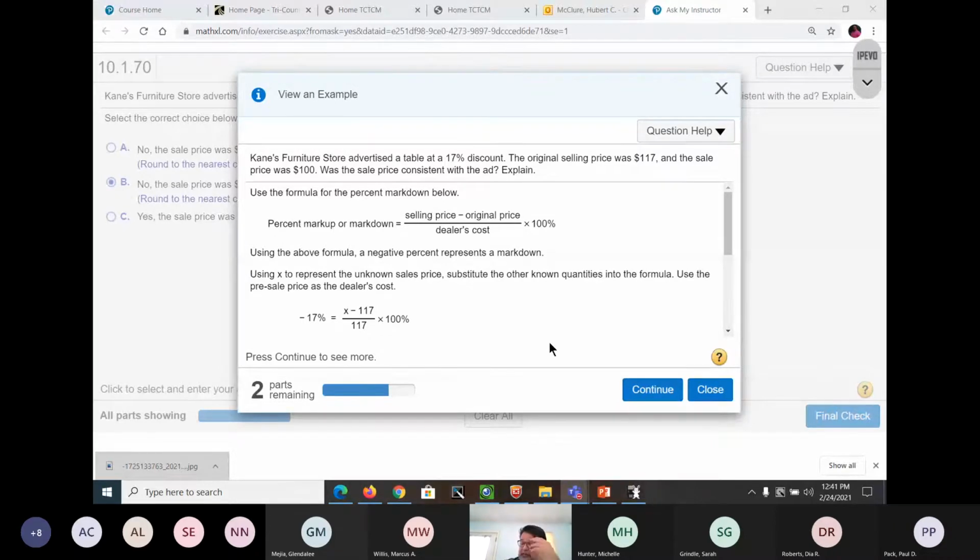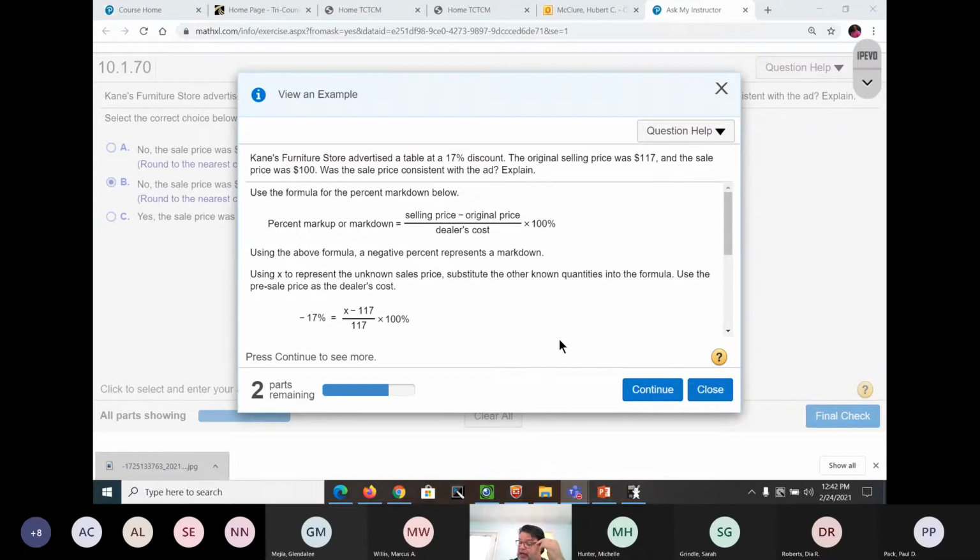So that would be negative 17% is equal to X minus 117 over 117 multiplied by 100. And of course, the 100 that you've got in there, you just don't even need that. Okay. That makes a lot of sense. So negative 0.17 is equal to X minus 117 over 117.